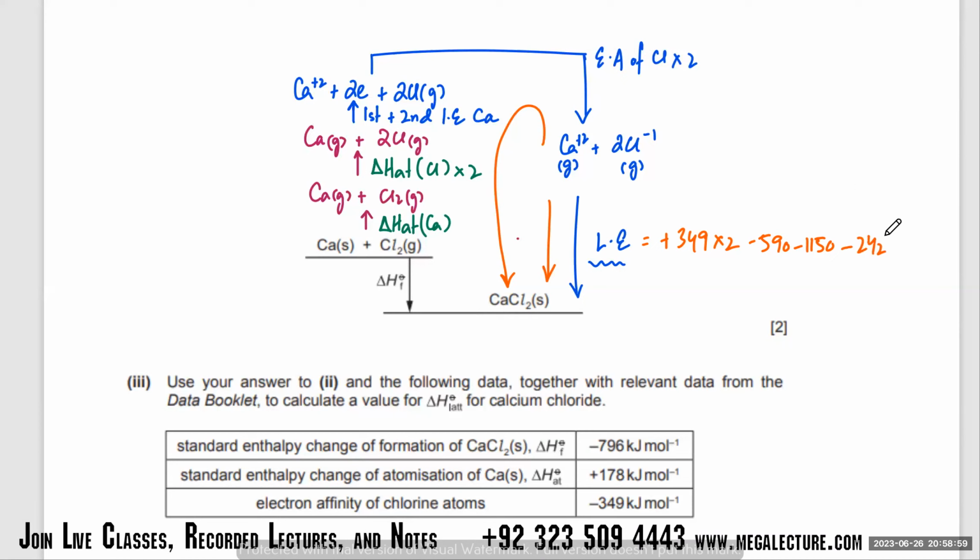I'm not going to multiply it by 2 because if you break the Cl-Cl bond, you get 2 Cl atoms. You just have to break one bond, so you don't have to multiply by 2. Up here, the enthalpy of atomization of calcium also has the opposite sign, so that's minus 178.